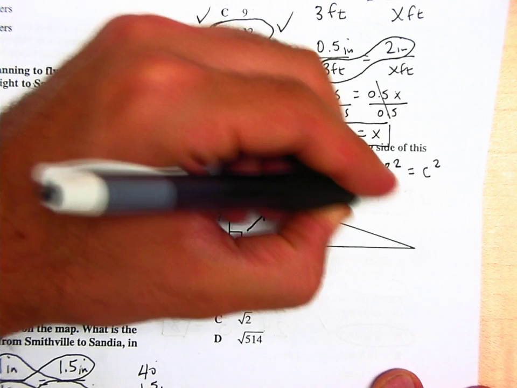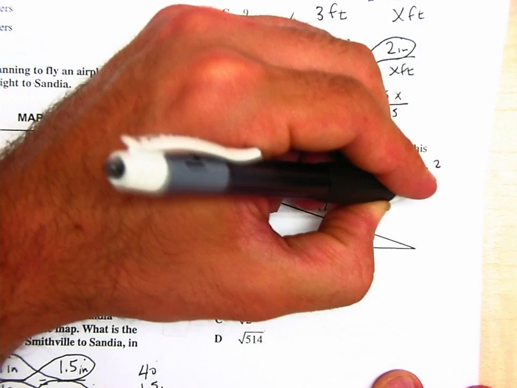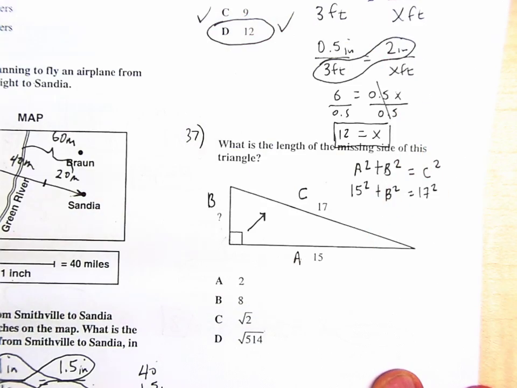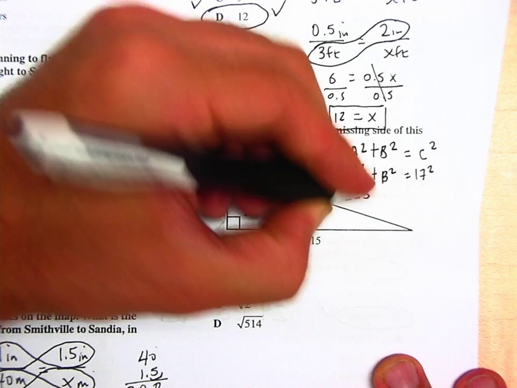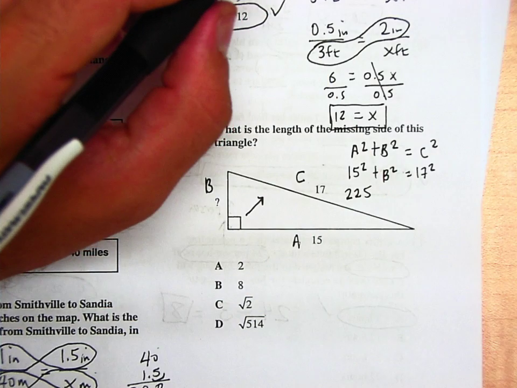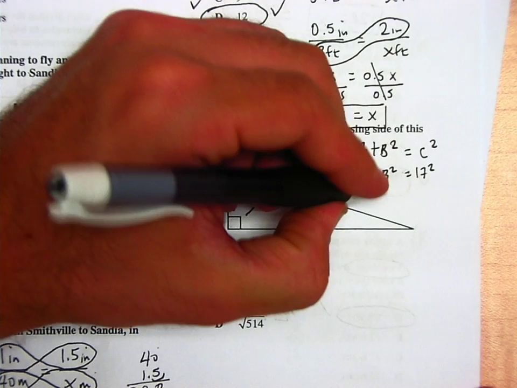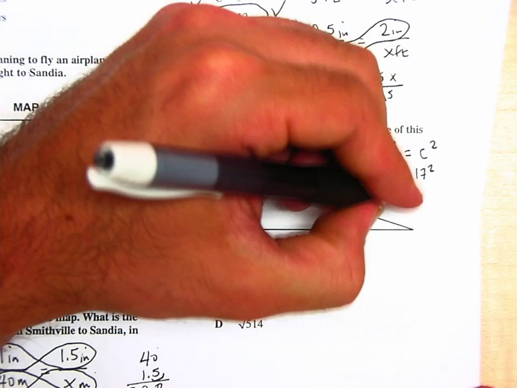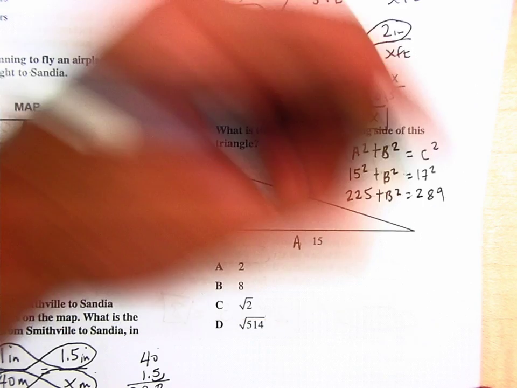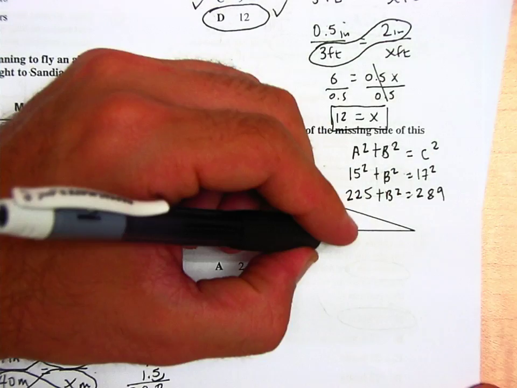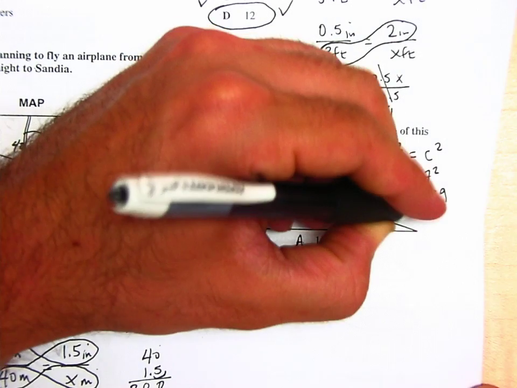A squared is 15 squared plus B squared I'm looking for equals C squared, which is 17 squared. 15 squared is 15 times 15, that's 225, plus B squared equals 17 squared, which is 17 times 17, or 289. I cancel the constant by subtracting 225 from both sides.